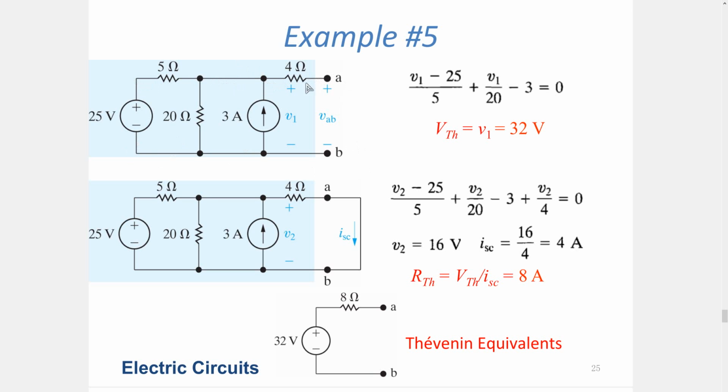Since there is no load available, the current cannot flow through the 4 ohms resistor. So its current is 0, which means there can be no voltage drop. Whatever the voltage value is at this node will appear as the voltage at node A. So my purpose is to find the voltage at this circuit node, because when I'm measuring it with a voltmeter, it will show me that value.